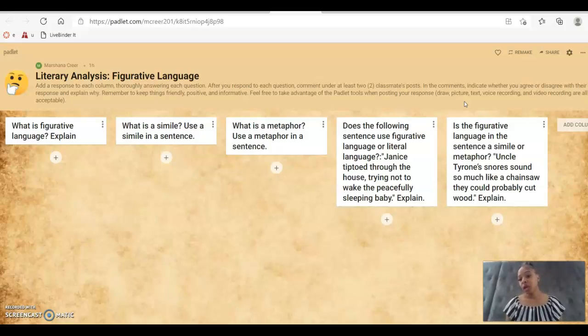It's completely up to you. They're all going to be accepted. And I definitely encourage you to be creative. Use your creativity, and it's whatever you like. So I encourage that. However you choose to answer. All right.